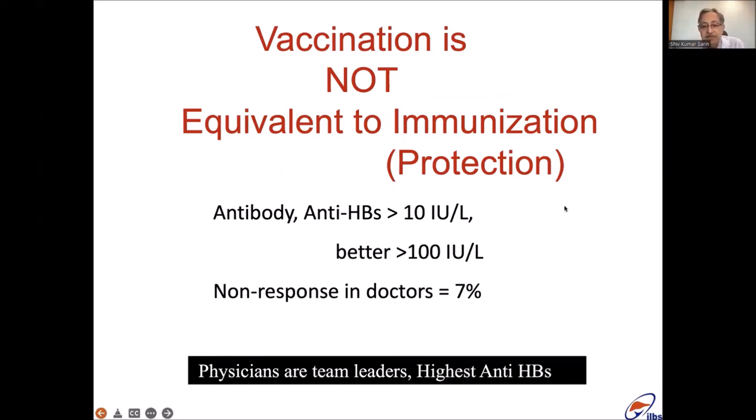Everybody after the COVID vaccine gets the antibody, but not after hepatitis B. Isn't it funny? So you are vaccinated, but you may not be immunized, and therefore get your anti-HBs. And physicians are team leaders. You must have above 100 anti-HBs because in doctors and nurses, 7% do not have antibody formation. With this, I'll stop here now.